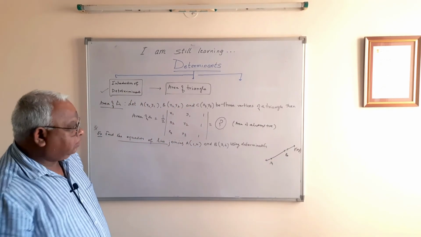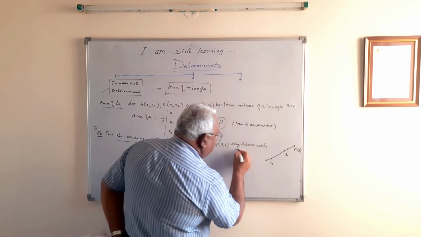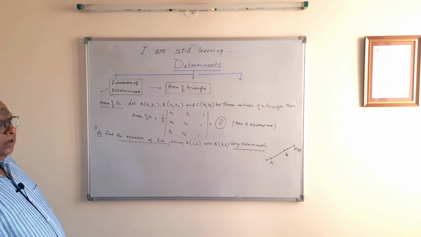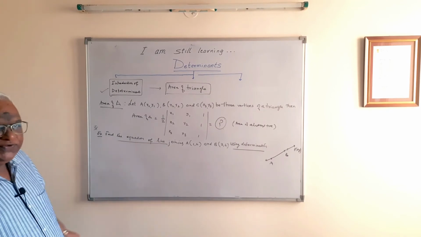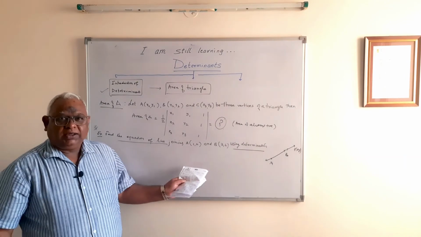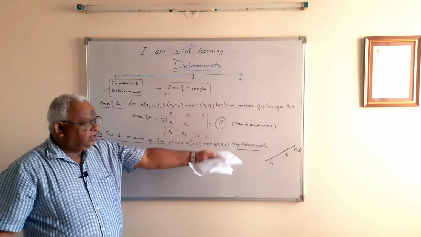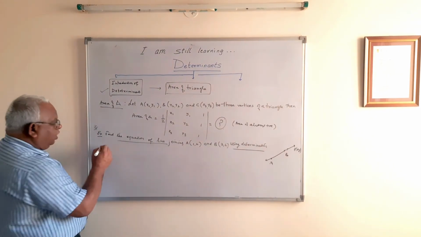That you did it, right? But here he is asking very smartly, using determinant, find the equation of line. So you cannot deviate yourself. You cannot deviate from the topic, right? So he has asked very smartly this question. You cannot use the concept of class 11. So what do you have to do?